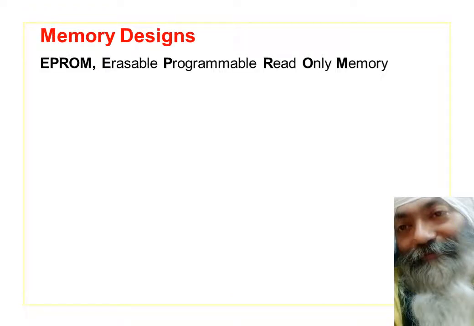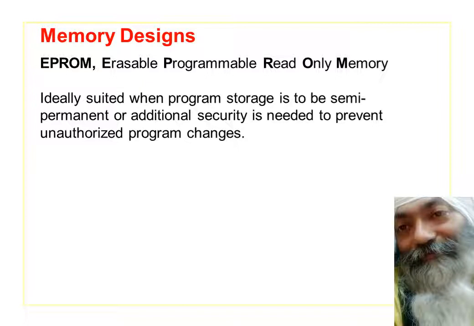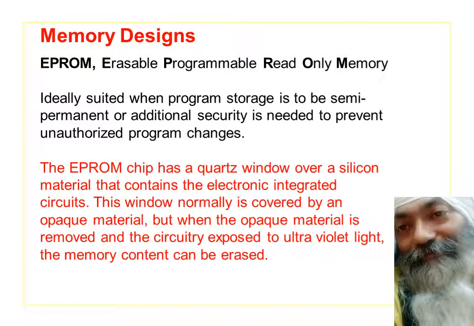We have an advanced kind of ROMs which are erasable. So here the links are not actually physically melted, but we have another technology in which it can be erased. These are ideally suited when the program storage is to be semi-permanent, or when additional security is needed to prevent unauthorized program changes. So we use EPROMs here, and EPROM has a quartz window over a silicon material, and that contains the electronic integrated circuit.